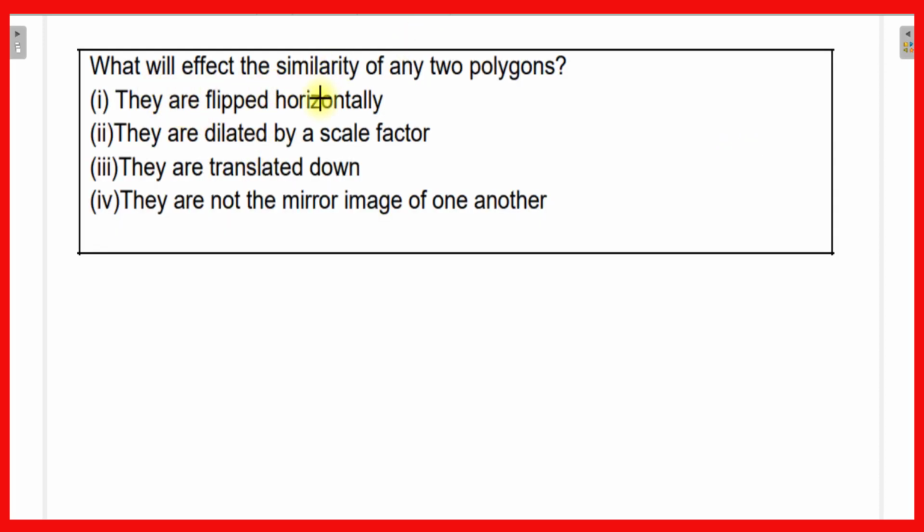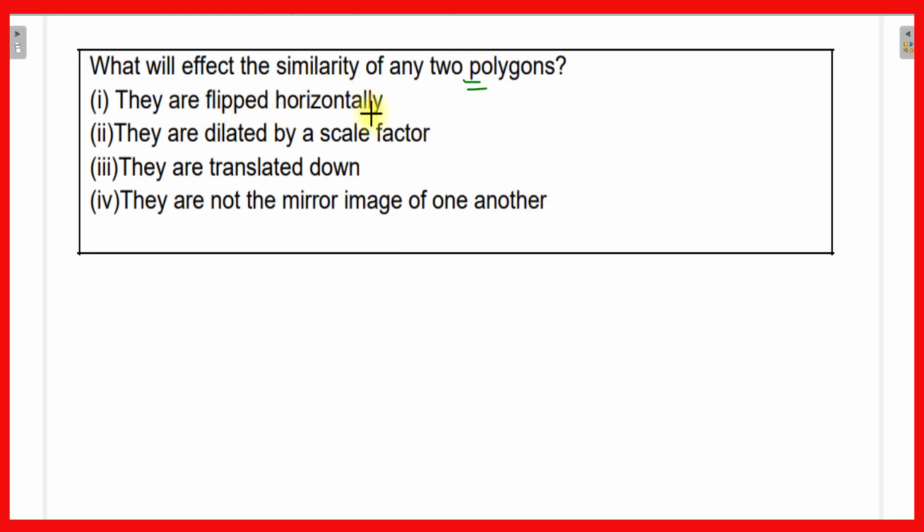What will affect the similarity of any two polygons: if they are flipped horizontally, they are dilated by a scale factor, they are translated down, or they are not the mirror image of one another?